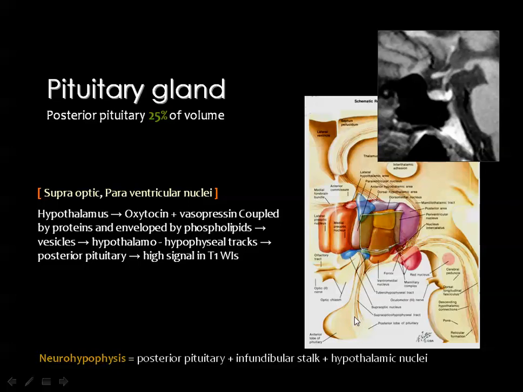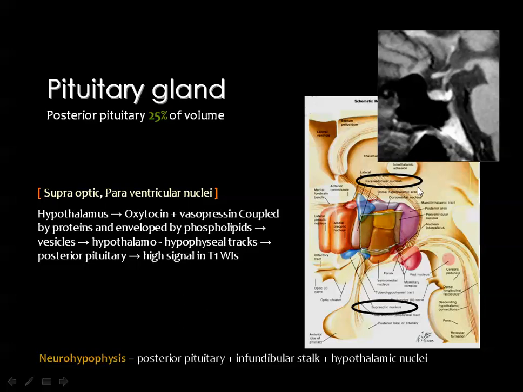And actually, the hypothalamus is not a structure that you can put your finger on in the images, but you can appreciate its existence by certain anatomic landmarks. The hypothalamus is composed of many nuclei, which are important in production of some of the hormones.